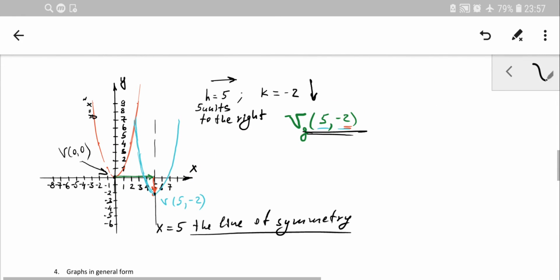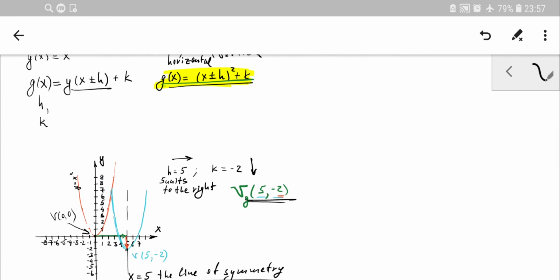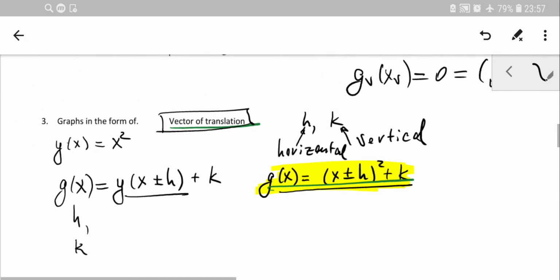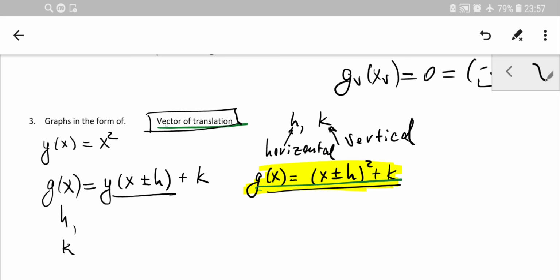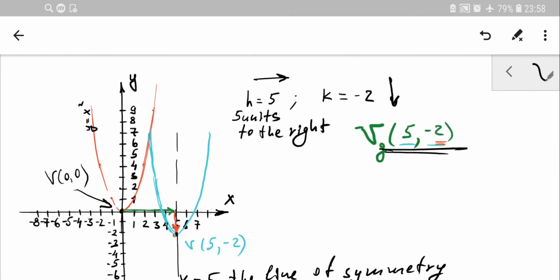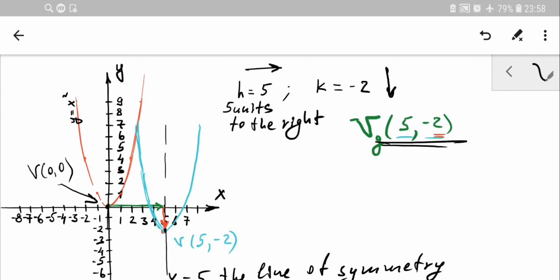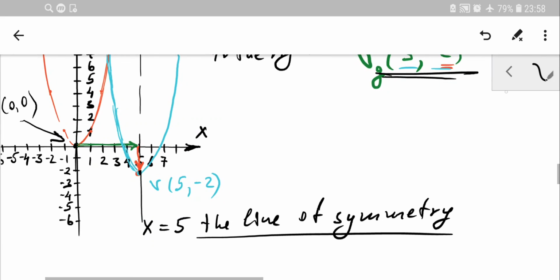Here you can figure out the new vertex coordinates, and here is the rule of combined translation. So you heard a new word probably here, vector of translation. Just remember transformation theory. We also had this term before, right? When we translate different shapes, we shifted some units to the right, let's say some units down or up, and finally we get the final position. So this is the same as the vector of displacement.